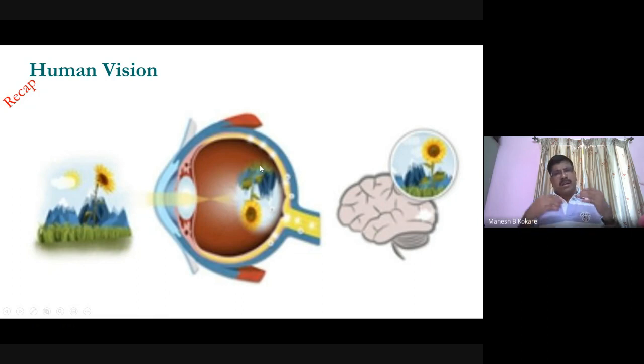Now the main aim of computer vision is basically to mimic the human vision system. How can a computer see images the way the human vision system works? In the same way, we have to train, or form, a mathematical model which will help to capture images of the real world in computer vision.